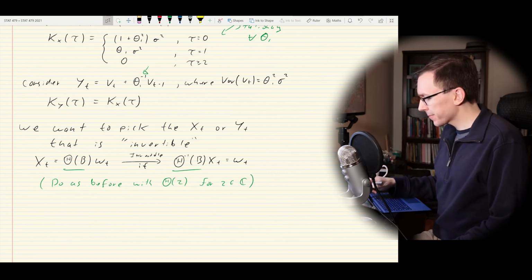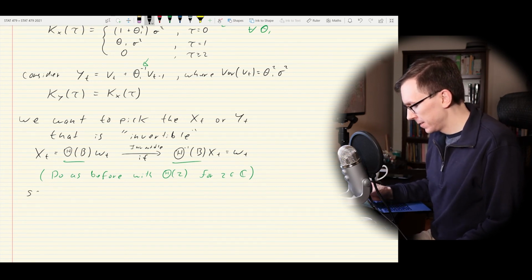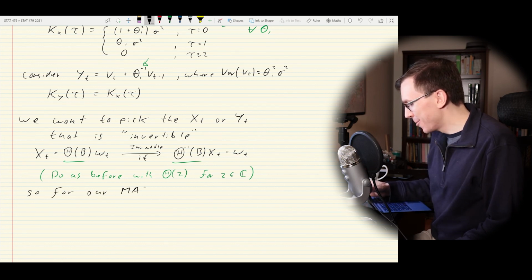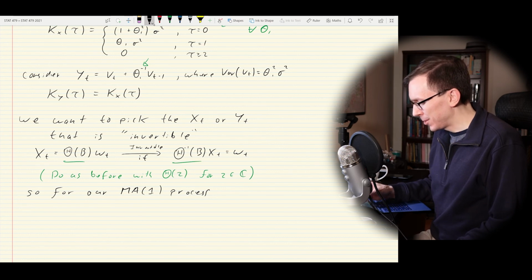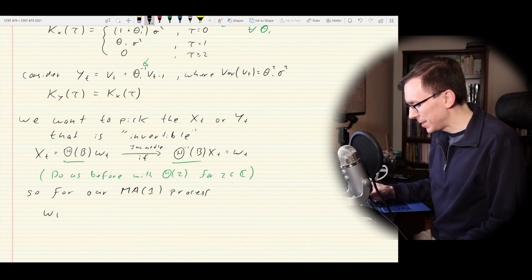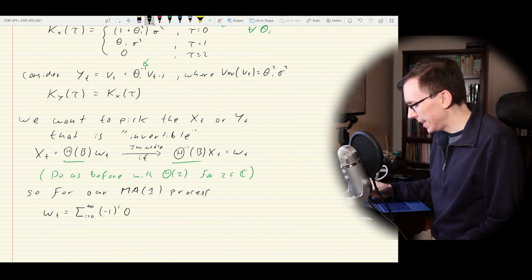So for our MA1 process, we have two different ways we can write it. We can write W_t for X as the sum, i from 0 to infinity, of (-1)^i theta_1^i X_{t-i}.